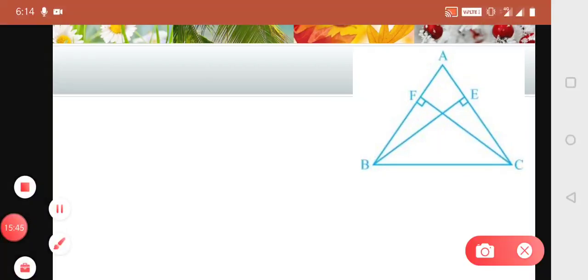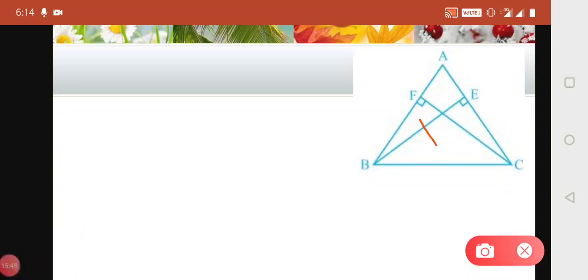Again, let's see the figure first. Similar figure like question number 3. In triangle ABC, it is given that two altitudes BE and CF are equal. It is given that these two are equal, and we have to prove that triangle ABE is congruent to triangle ACF, and another thing that AB equal to AC.